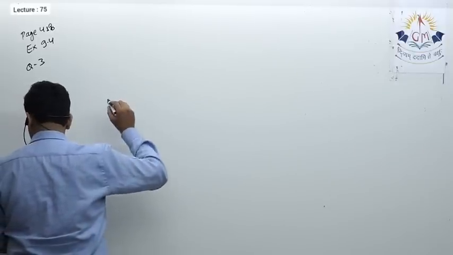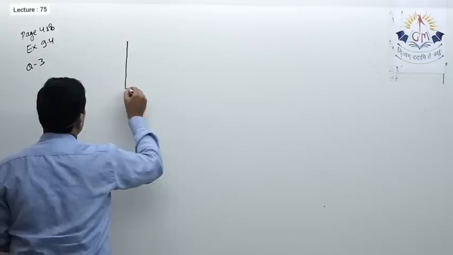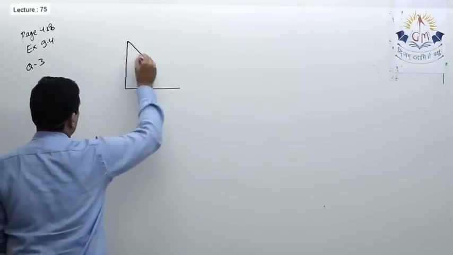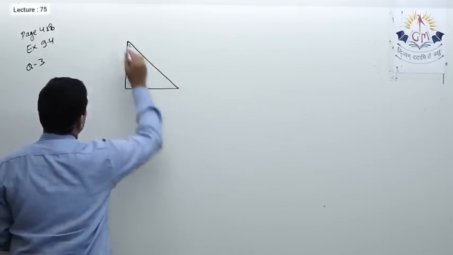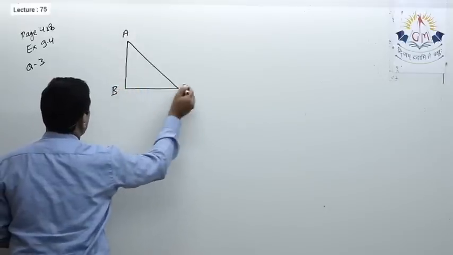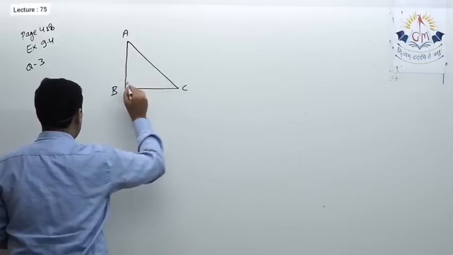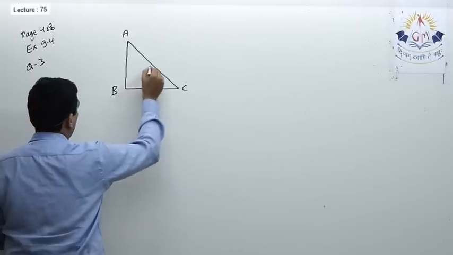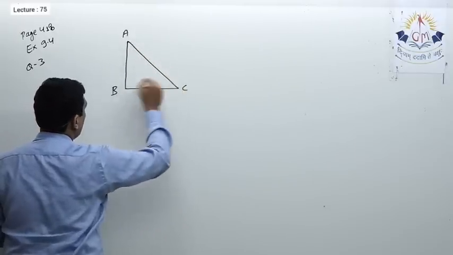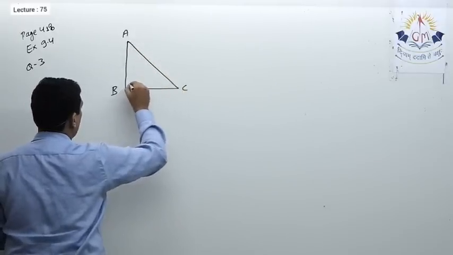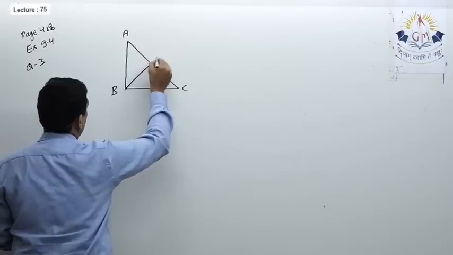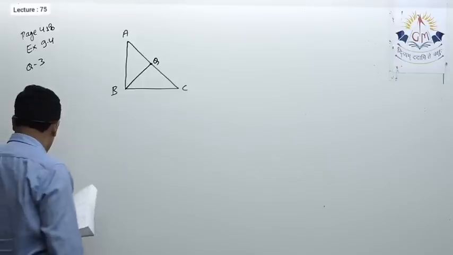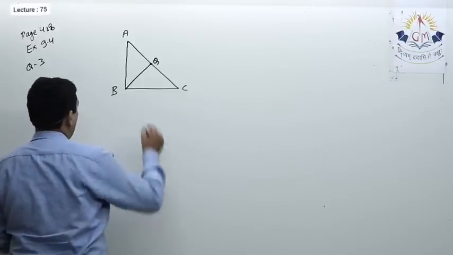The question says: prove that the median drawn to the hypotenuse. As they are saying hypotenuse, there must be a right angle triangle. So we have to draw the median on this hypotenuse, and obviously it will start from B. This is Q, the midpoint, so the median from the right angle is half of the hypotenuse.